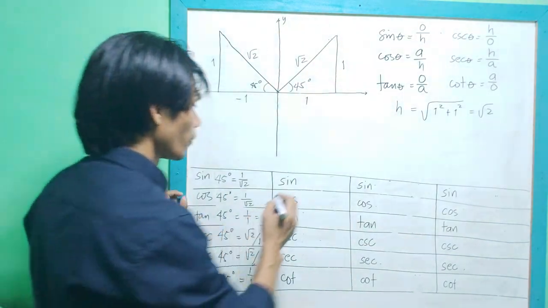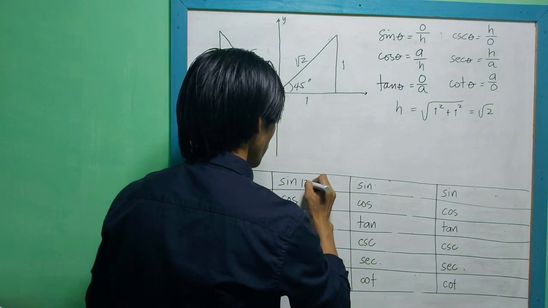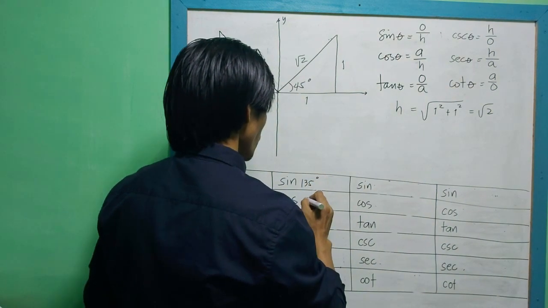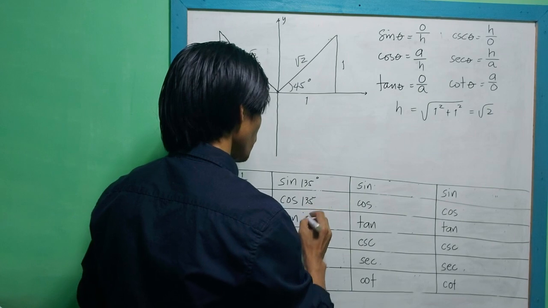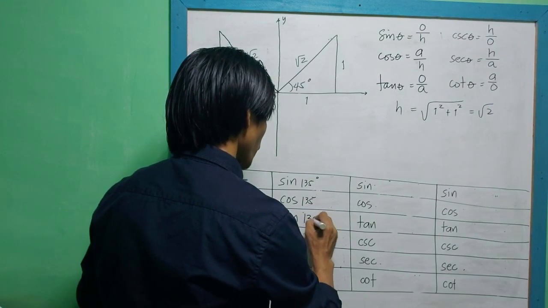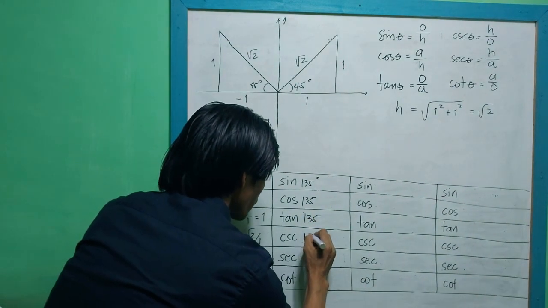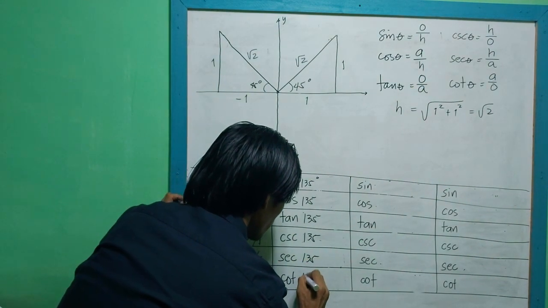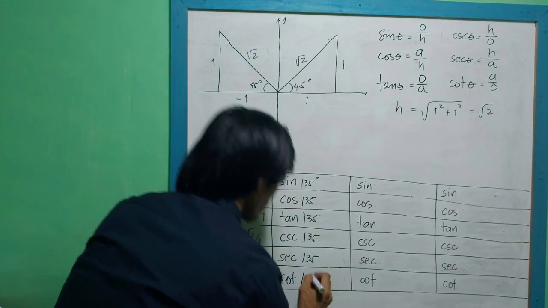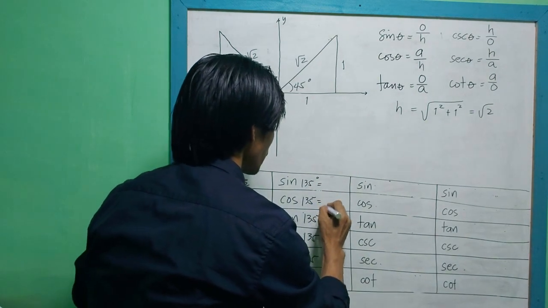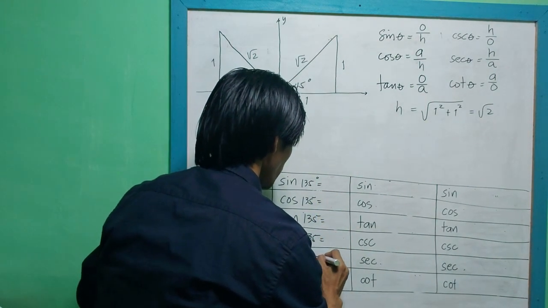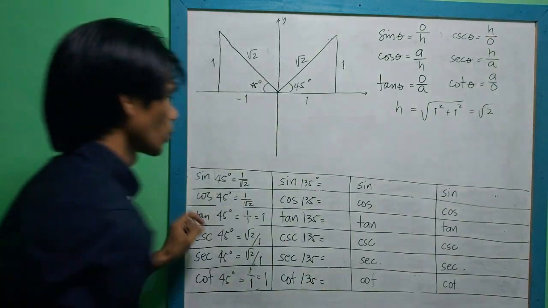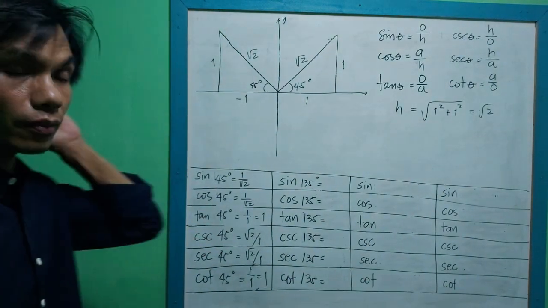Okay? So we have sine of 135 degrees, cosine of 135, tangent of 135, cosecant of 135, secant of 135, and then cotangent of 135. Ayan. Okay. So, ano ngayon?